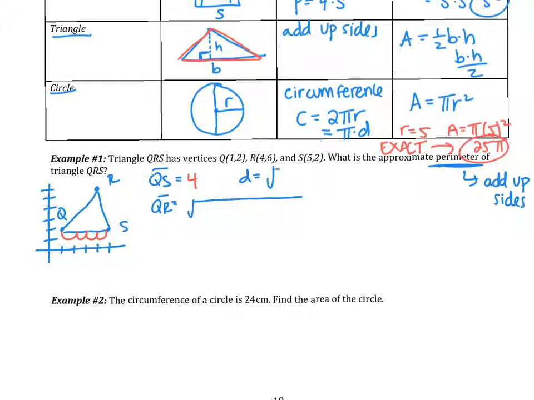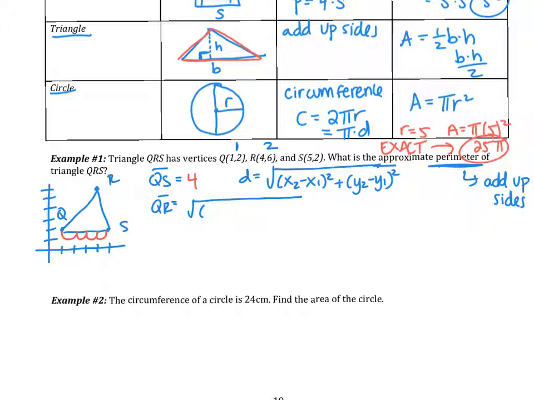Probably should write down what the distance formula is to start, just to remind us. It's the square root of x2 minus x1 squared plus y2 minus y1 squared. Okay, so if we're using Q and R, maybe Q I call point 1 and R I call point 2. It doesn't matter which one is 1 and 2 as long as you're consistent.